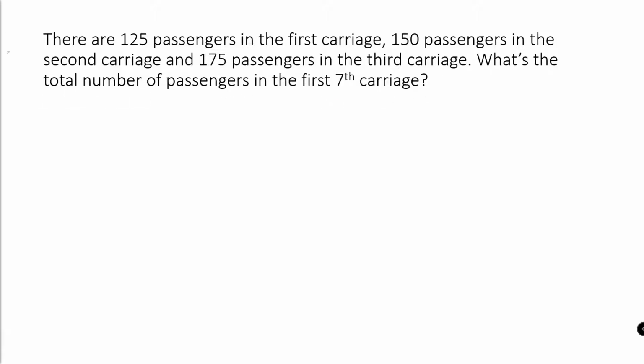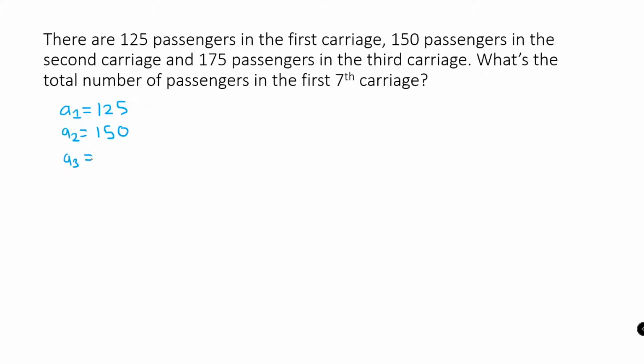So what do we know in this question? We know A1 is equal to 125. We know A2 is equal to 175. Oh, sorry, that's A3. A2 is 150 for A2.